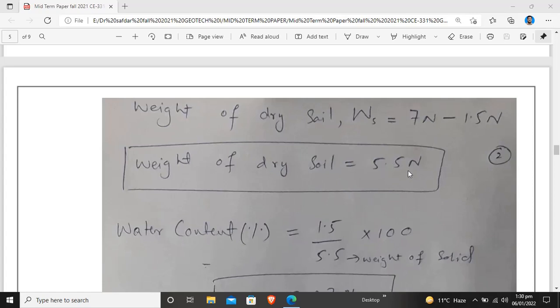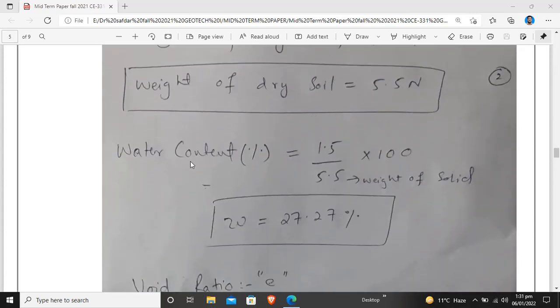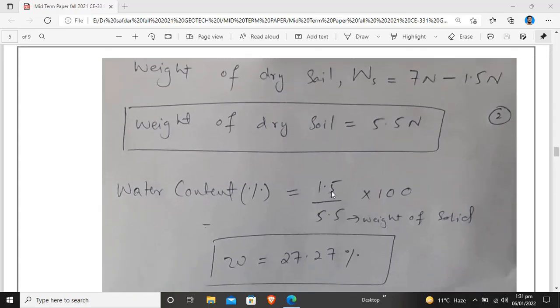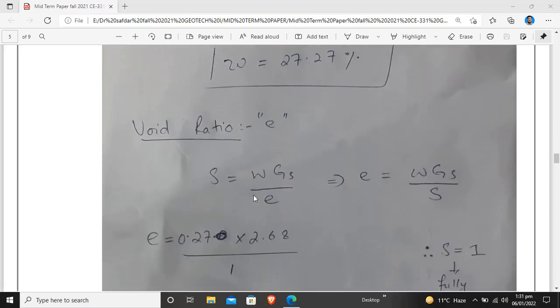the weight of the dry sample becomes 5.5 Newton. Now after that, you have to find the water content, which is basically the weight of water divided by the dry weight of solids, multiplied by 100. So the water content is 27.27%. After that, there is a relation for void ratio, water content, specific gravity and degree of saturation.